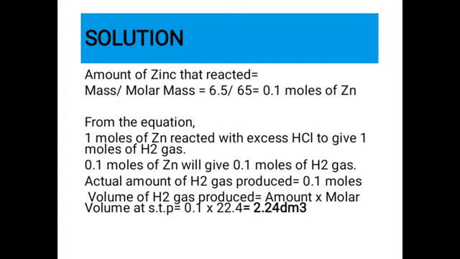And the amount of H2 gas that we got is 0.1. Molar volume is 22.4. So 0.1 multiplied by 22.4 will give us 2.24 dm cube of hydrogen gas. So 2.24 dm cube of hydrogen gas was produced.